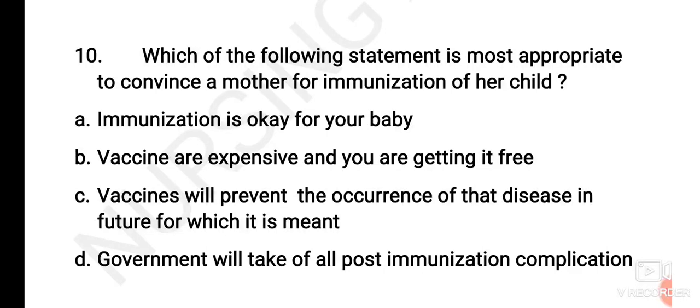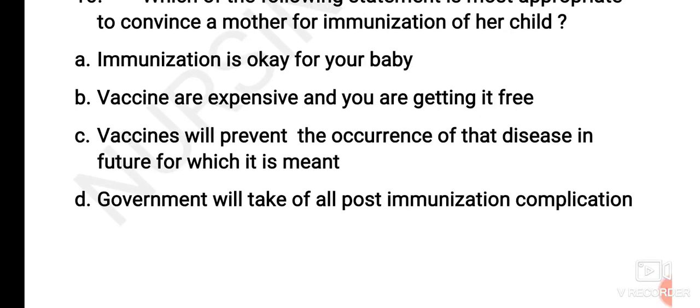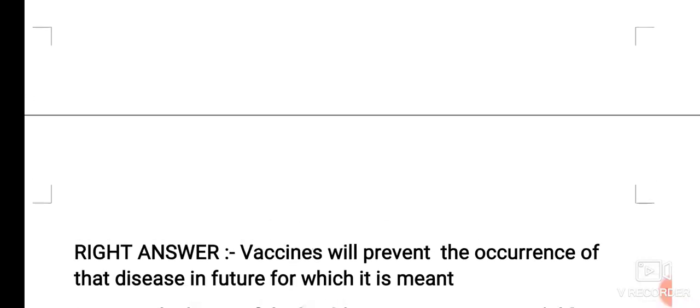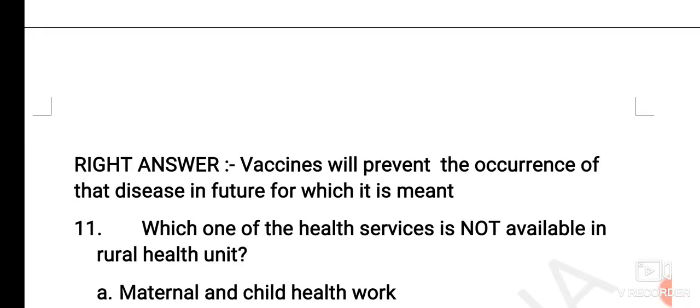Government will take care of all post-immunization complications. So, the correct answer to convince a mother for immunization of her child is vaccines will prevent the occurrence of that disease in future for which it is meant. So, next question.